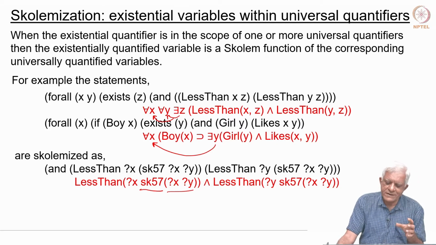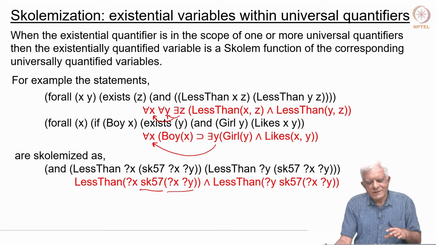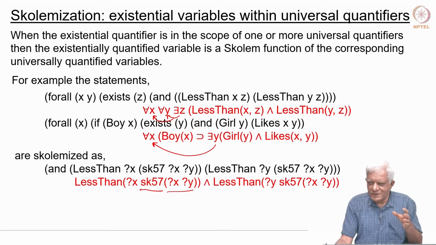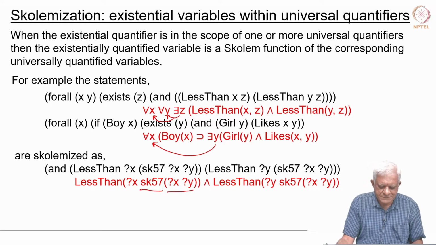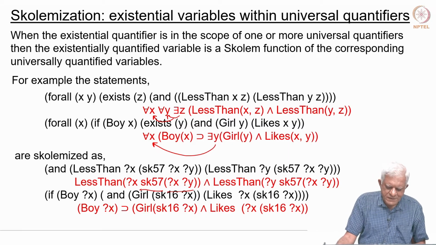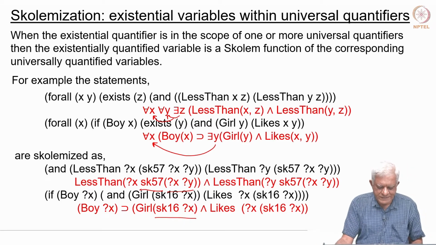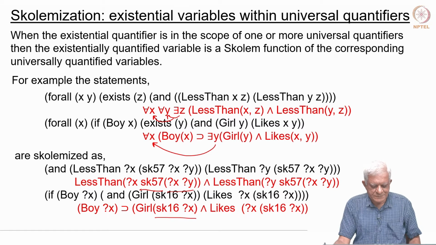So, here the function is some kind of a dependency, that the value of z that will make the sentence true depends upon the value of x and y. So, that is why it is a function of both essentially, and in the second example we have SK16, which is a function of x essentially, because that girl is specific to that boy essentially.